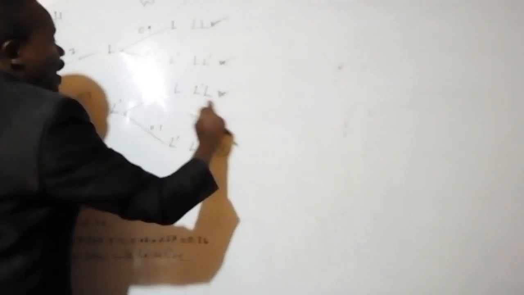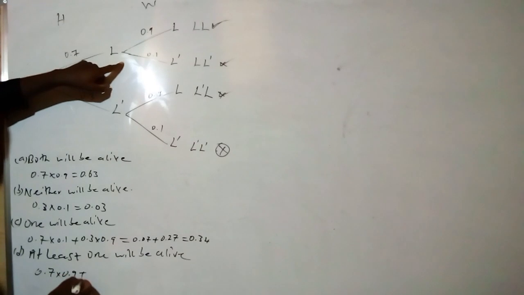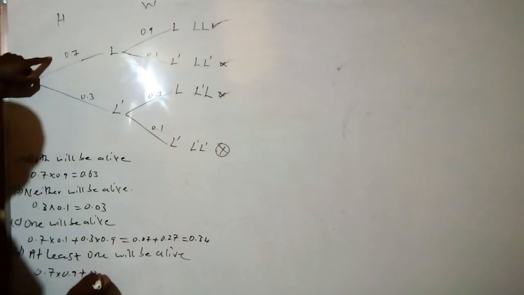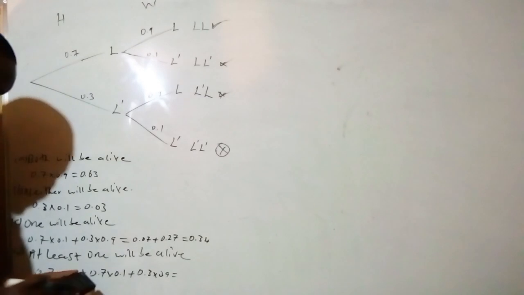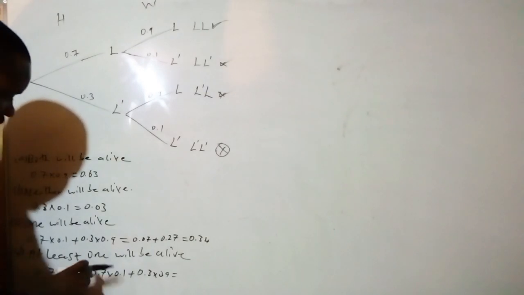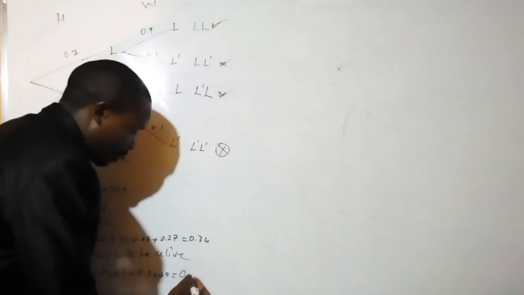We say 0.7 times 0.9 plus 0.7 times 0.1 plus 0.3 times 0.9, and this will be 0.63 plus 0.07 plus 0.27, and the total answer will be 0.97.